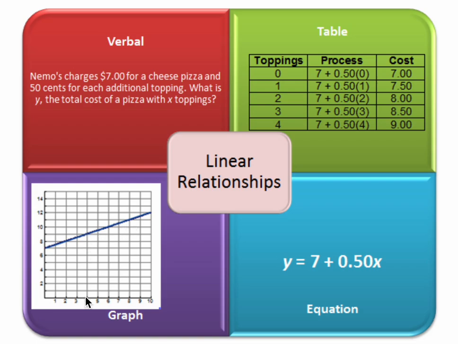But similarly, this graph can model the price as you keep adding toppings. If you have 10 toppings, your cost would be $12, right? This must be from a long time ago, ages ago. Right now, we don't get any pizza with 12 toppings for just $9. Oh, sorry, for $12.